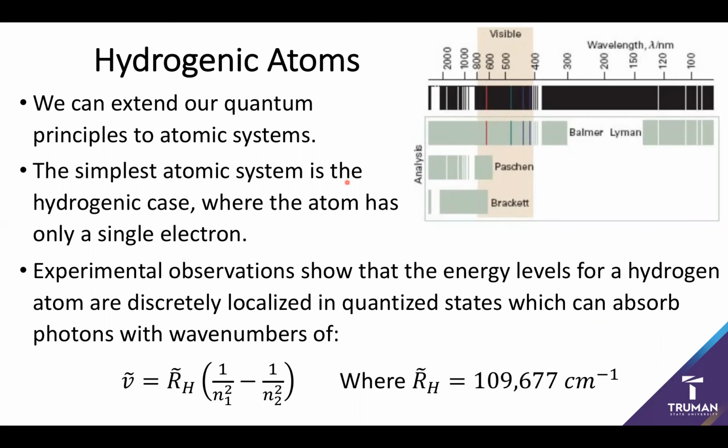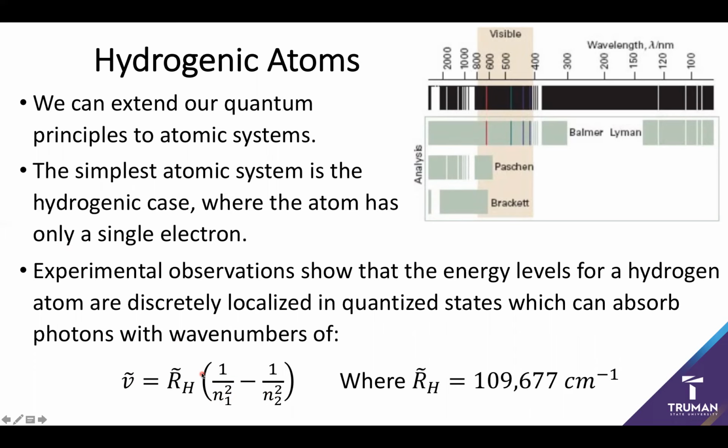atomic absorption of a photon, where we can predict where a photon will absorb based on the orbital that the electron is being excited from and to, using the difference of the inverse squares of these two orbitals, along with an empirically determined parameter.